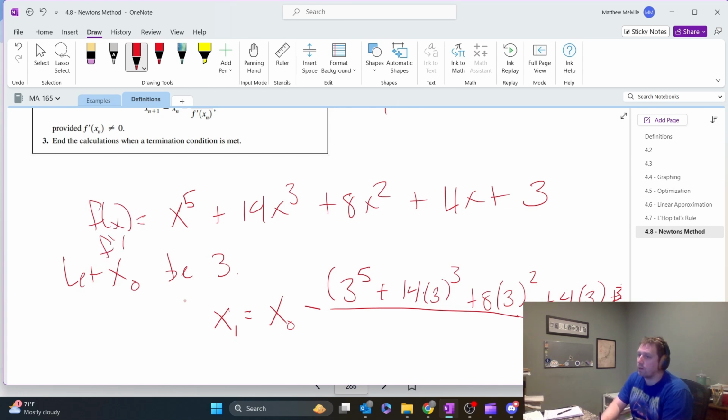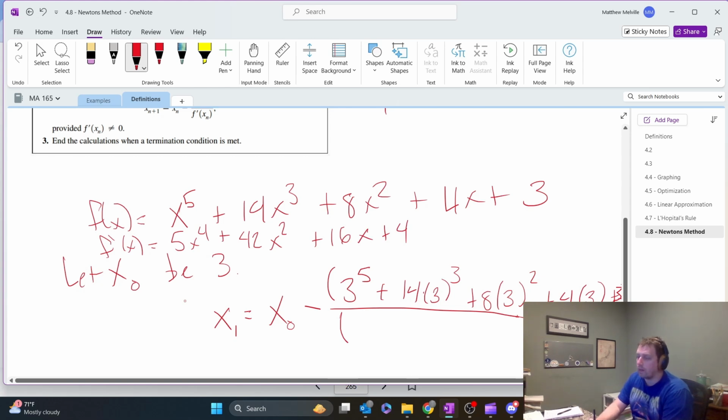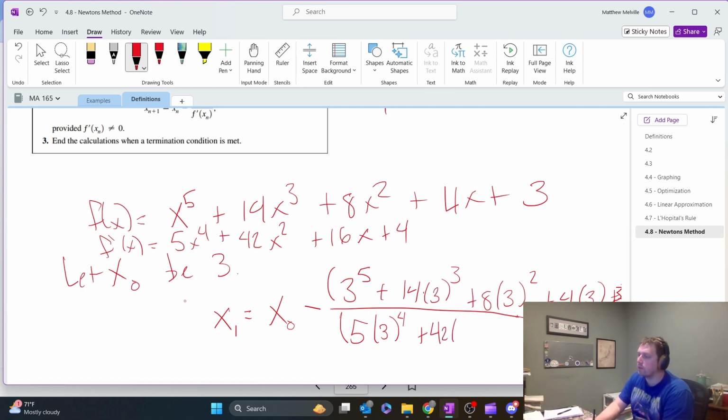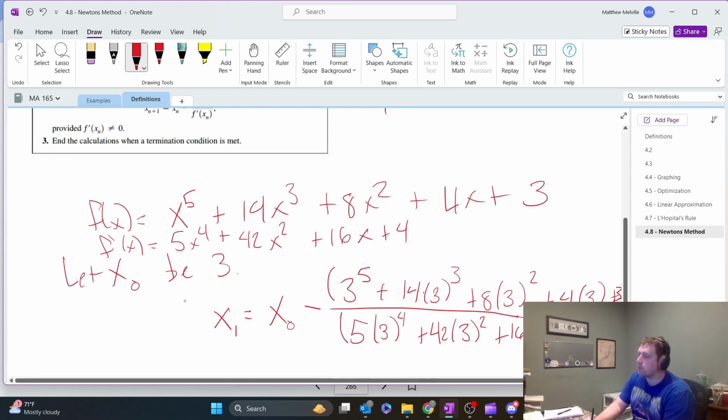My derivative is going to be 5x to the 4th plus 42x squared plus 16x plus 4. So I get 5 times 3 to the 4th plus 42 times 3 squared plus 16 times 3 plus 4.